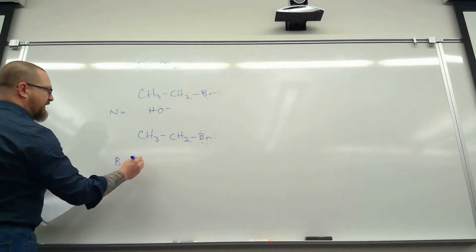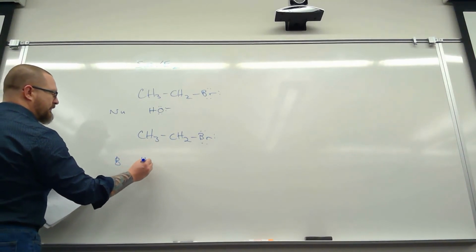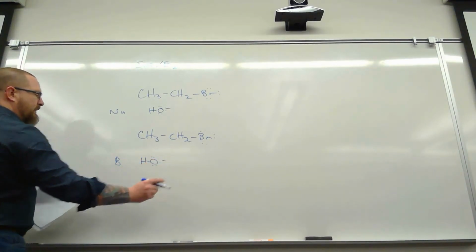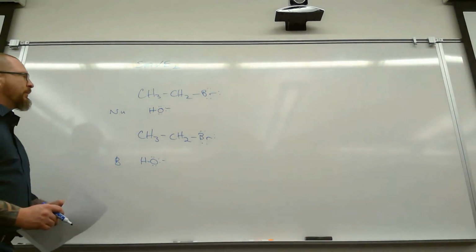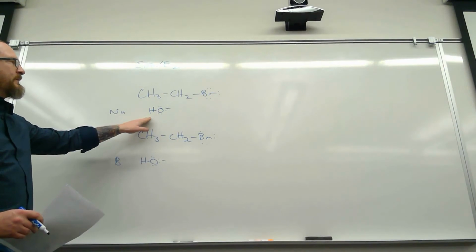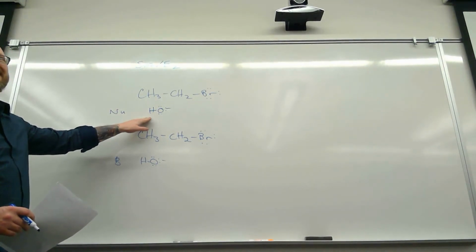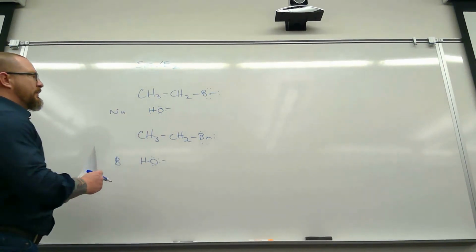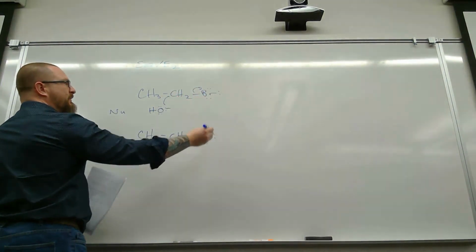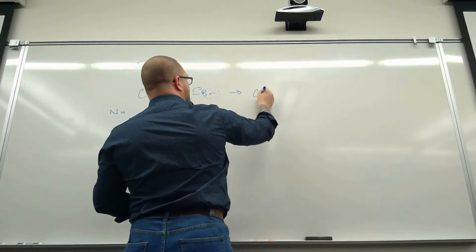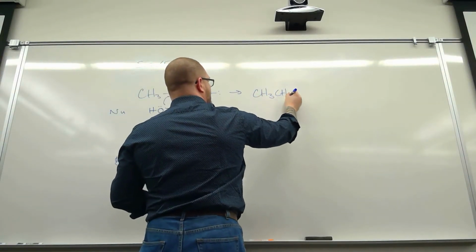In this case we've got hydroxide, and it's going to act as a base. We have these two different mechanisms. So for this one, you get a substitution reaction where this does attack from behind, kicking off the leaving group, and you get ethanol.